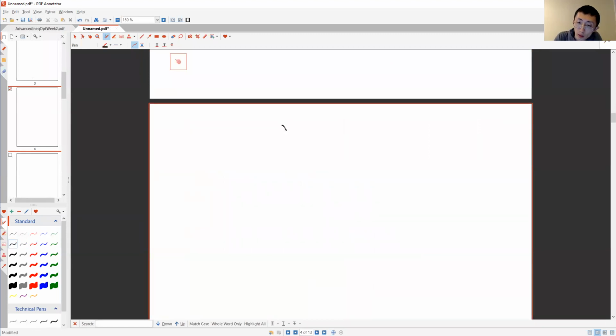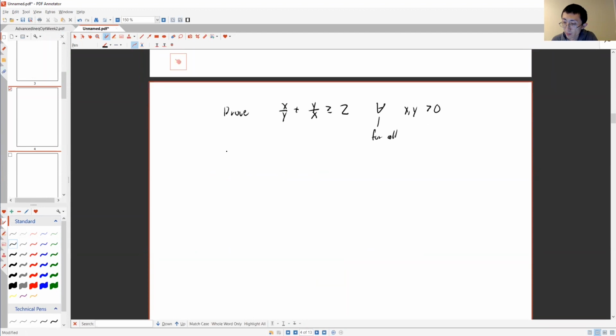Feel free to type your ideas in chat. This means for all x, y greater than 0. Yeah, so this is kind of just a direct application of AMGM. We just directly apply it to this term and this term.